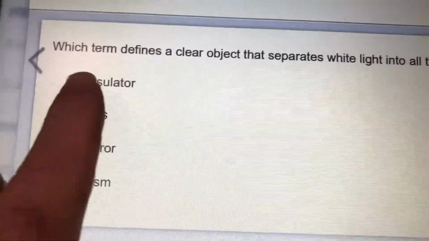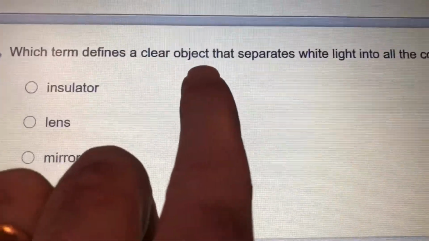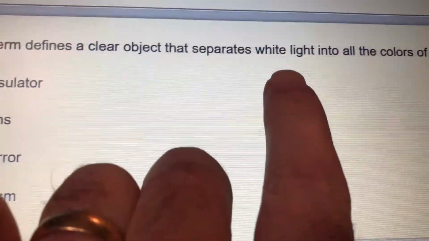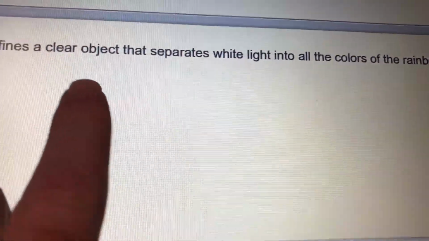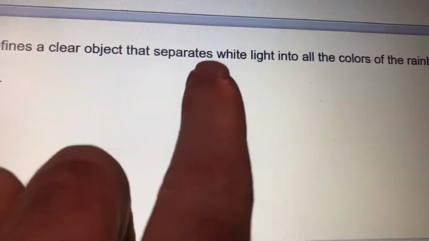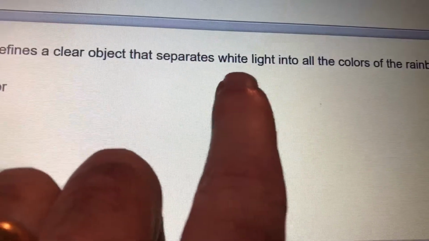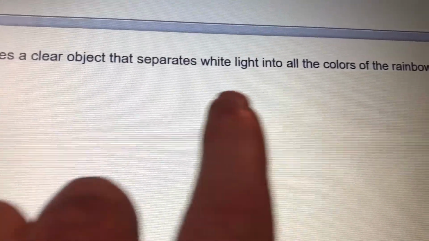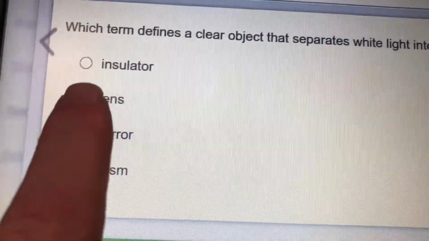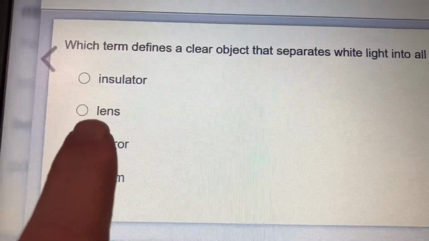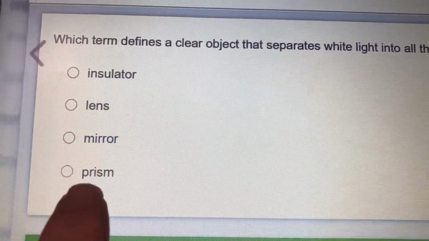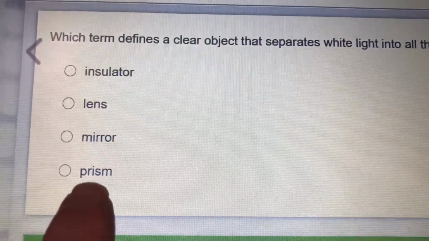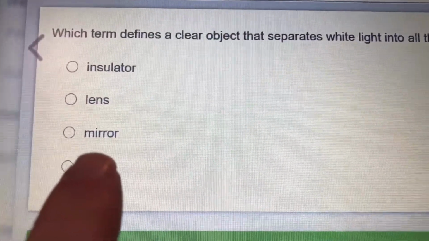Okay, so which term defines a clear object that separates white light into all the colors of the rainbow? So it is a clear object and it separates white light, all the light waves, into the colors of the rainbow. So it is either an insulator or a lens, a mirror, or a prism. So we know that a mirror reflects.